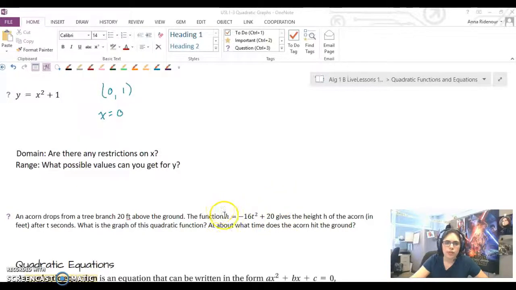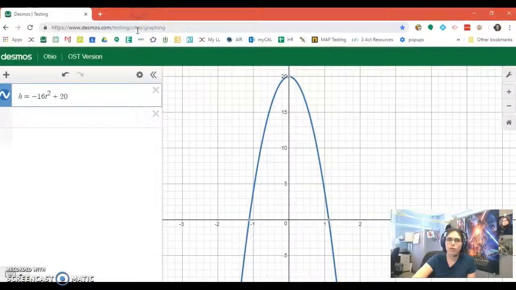Okay, so this is telling me that h is the height and t is the time. So when the acorn hits the ground, it's going to have a height of 0 because it's on the ground. So on the graph, I want to look for where my height is 0.